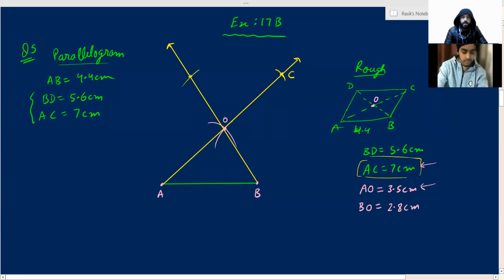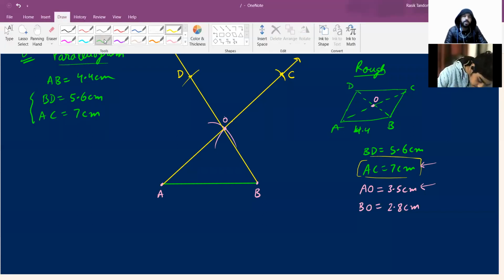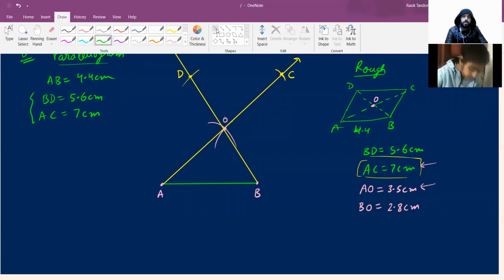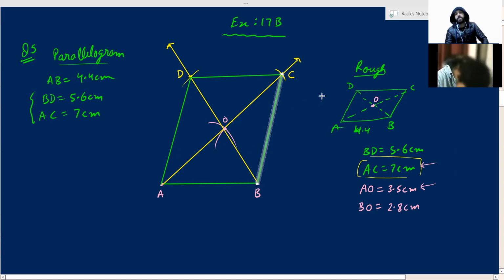So this point of intersection is point D. We have got C and D. What is left? Just to join all the vertices and make the sides of the parallelogram: AD, CD and BC. So this is your parallelogram ABCD.